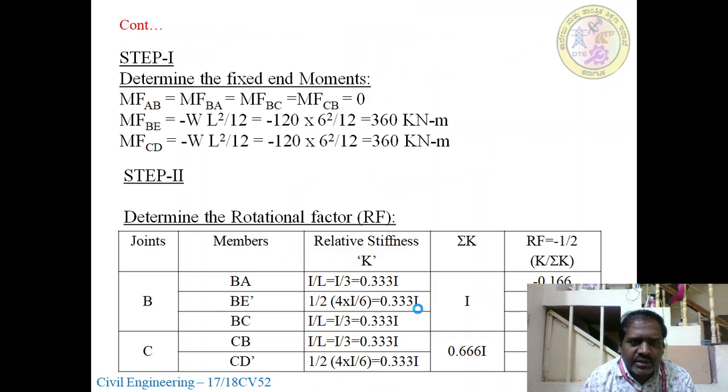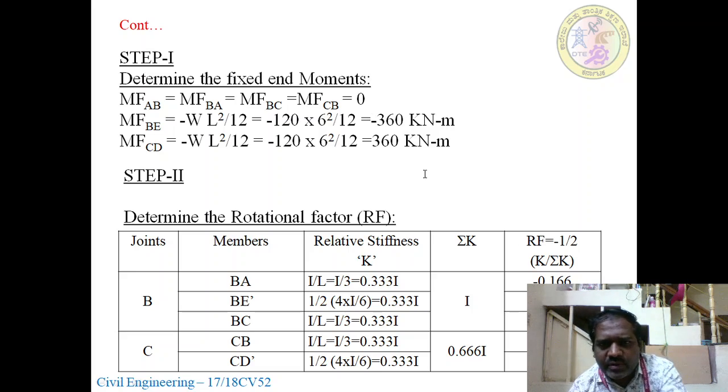So here, we are calculating the fixed end moments. Only the BE and CD will be there, so minus 360 and minus 360. MF AB, BA, BC: all the vertical columns should be equal to 0 because there are no loads there.